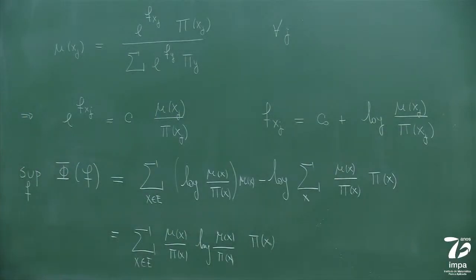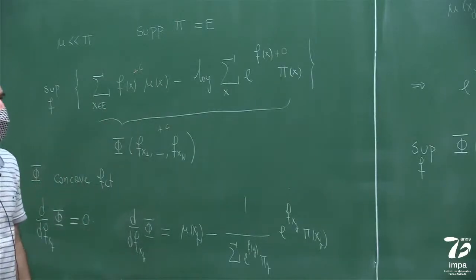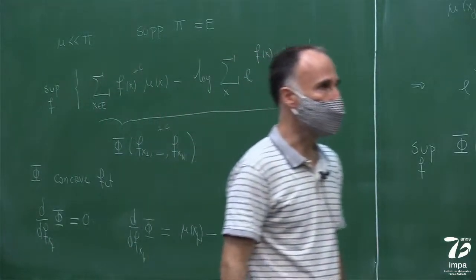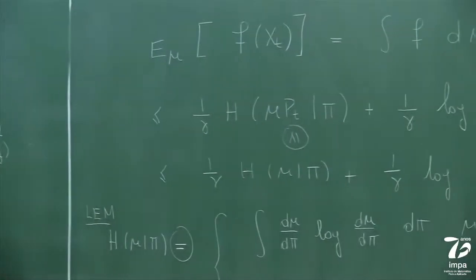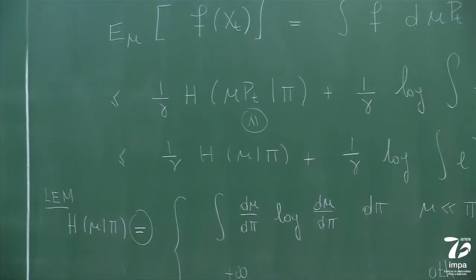This is the formula I wrote over there. So I defined the entropy by this variational formula, and we just proved that it has an explicit version, which is given by that.